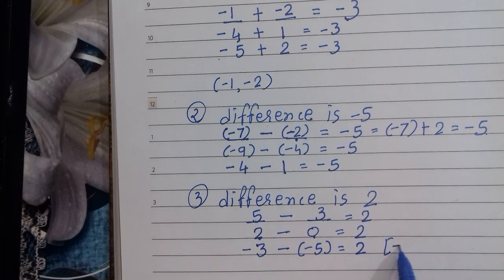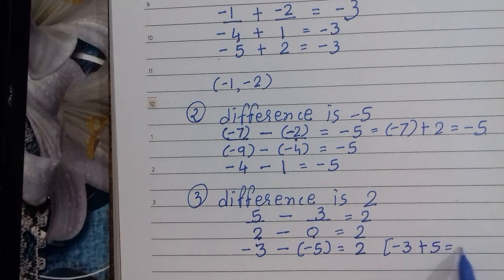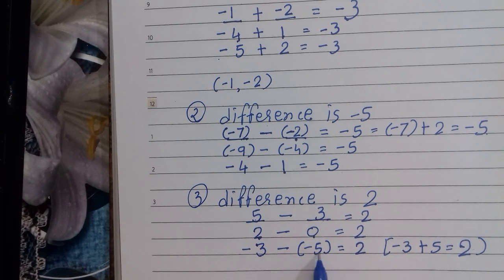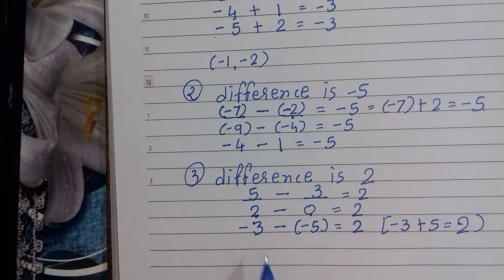See here, minus 3 minus minus 5 is plus 5, so you get answer 2. So here are two negative integers and their difference is 2. In this way, you can write more pairs in this example.